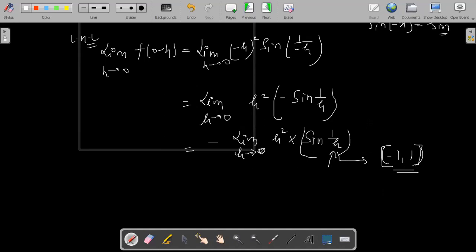Sine cannot achieve a value of 2, 3, 4, 5. But 1 by 2, 1 by 3 you can achieve, while minus 3 by 2 or minus 5 by 7 you cannot. You will always get a value between minus 1 and 1. That means this expression is oscillatory between minus 1 and 1. And when you substitute 0 here, you will get 0 into an oscillatory value.